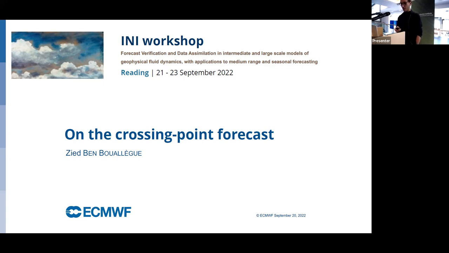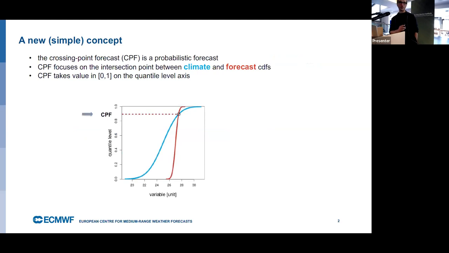So, okay, I would like to talk about this idea of crossing point forecast, which is a kind of new concept. It's related to the field of probabilistic forecasting, so it's very much linked to the two talks we have heard this morning.